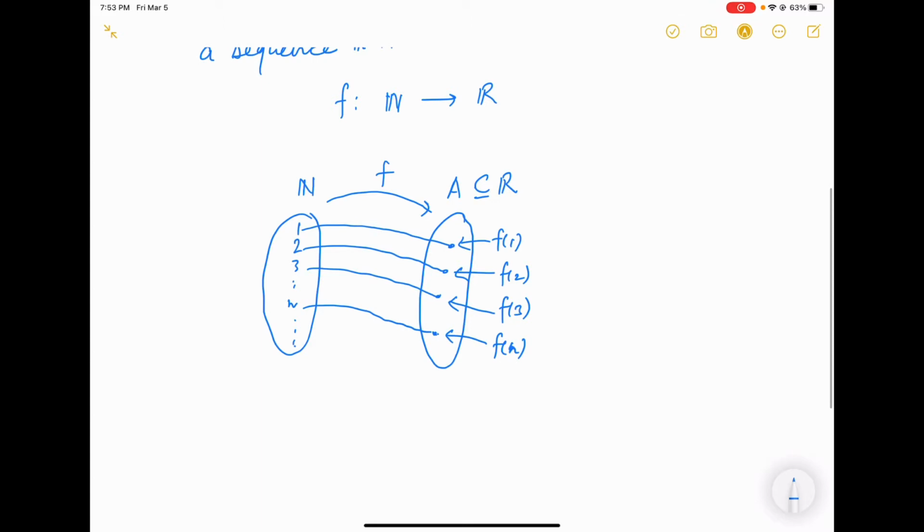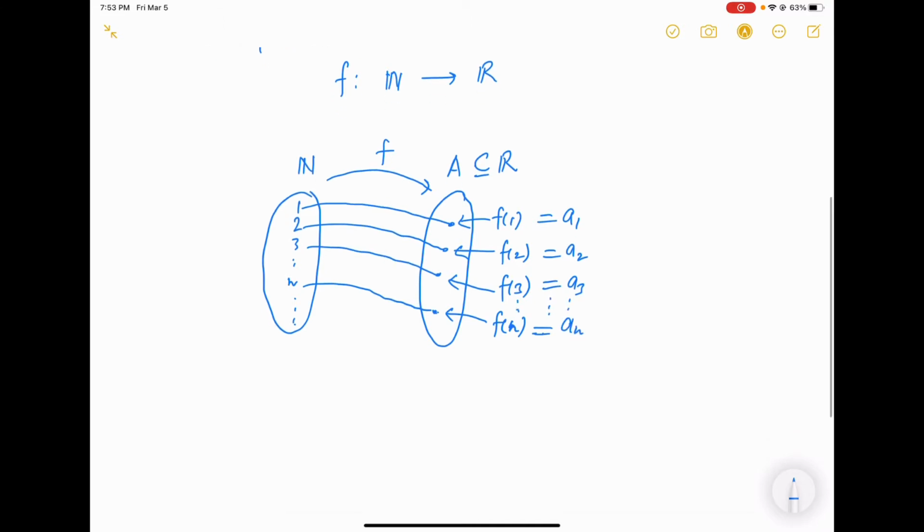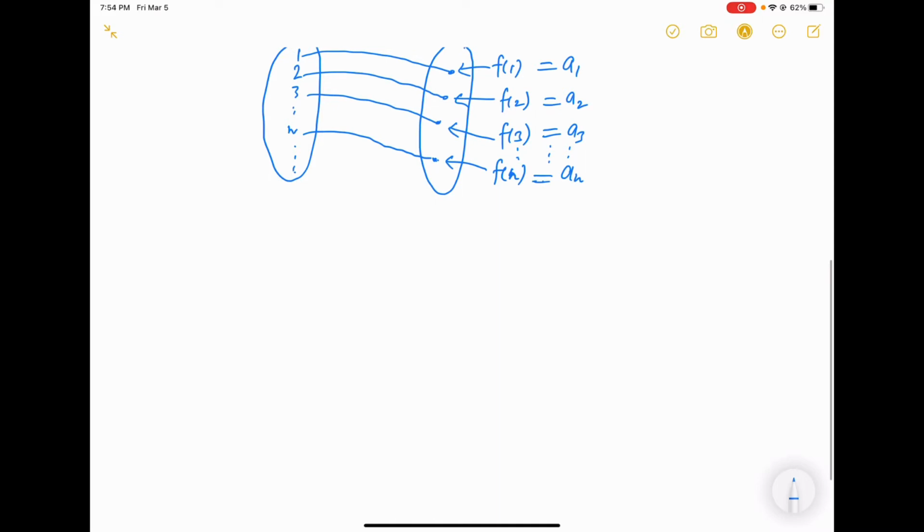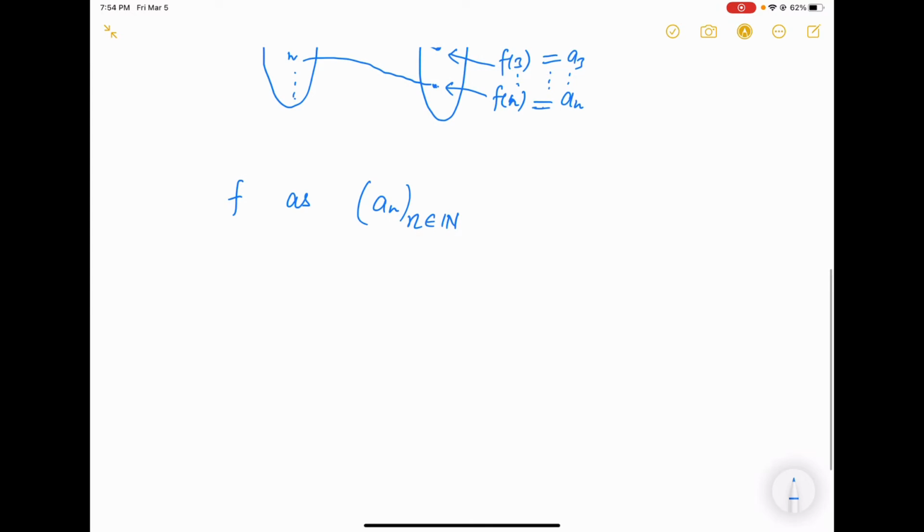Okay, if we represent F1 by A1, F2 by A2, F3 by A3, and in a similar manner, F4 by A4 and Fn by An, then we denote F, or we may write F as an, n belongs to N, or as A1, A2, A3 and so on.